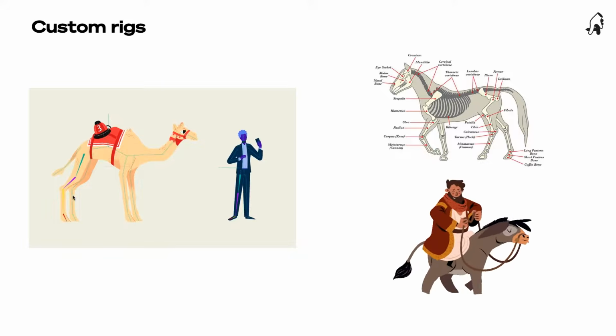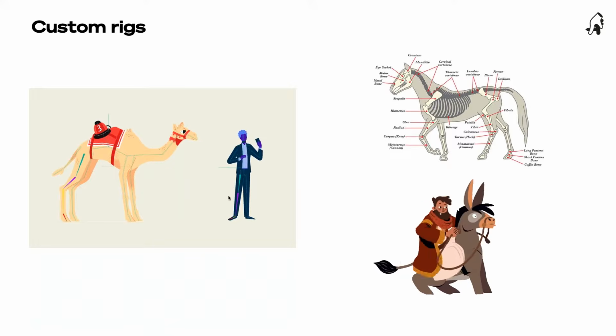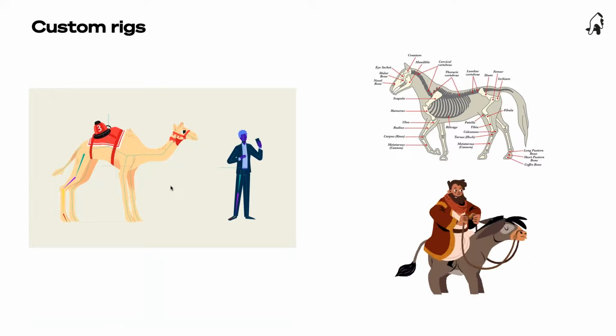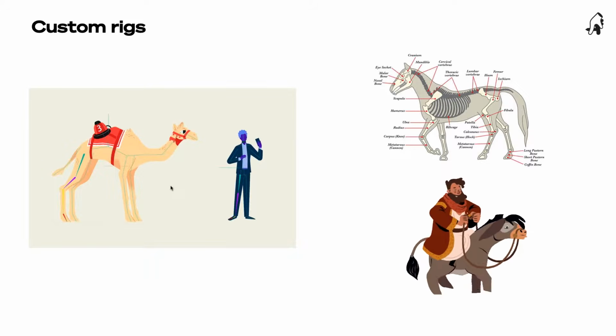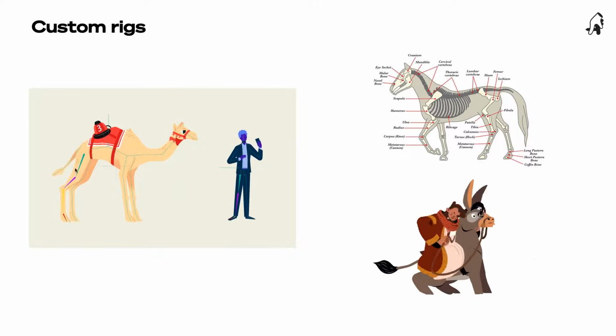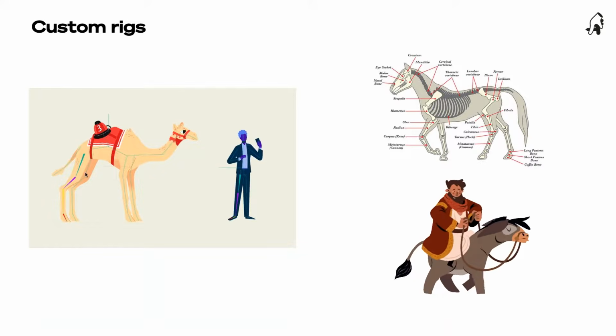So if we translate the human movements into the camel movements, we'll see that they are pretty similar. And after I realized that, it was much easier for me to animate the animals, because then I can just move my leg and see how it works.